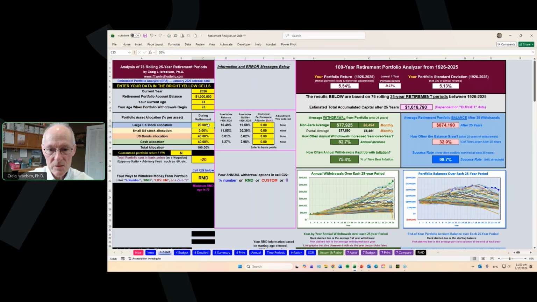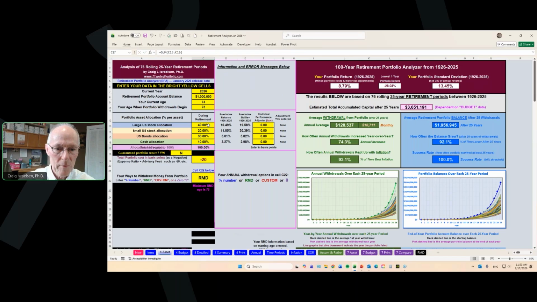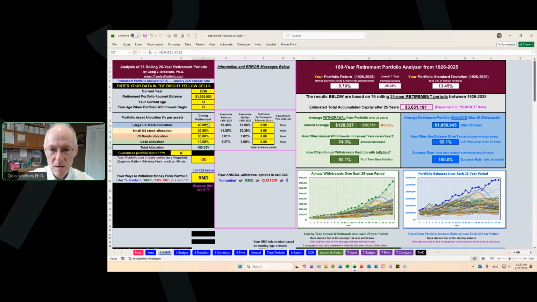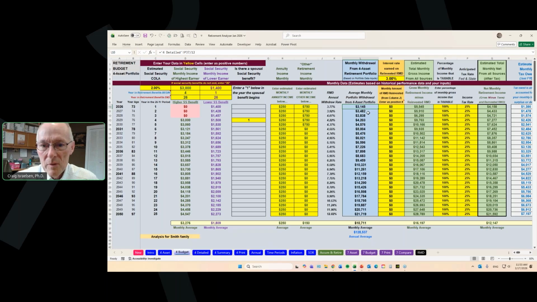Now, for this analysis, now that I'm showing you the budget tab, I'm going to go back to the 60-40. I think that's probably more reflective of how a lot of retirees invest. So now we've got this average withdrawal in year 1 from the 60-40 portfolio.